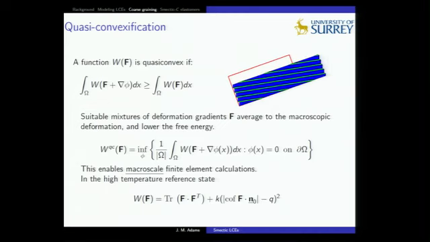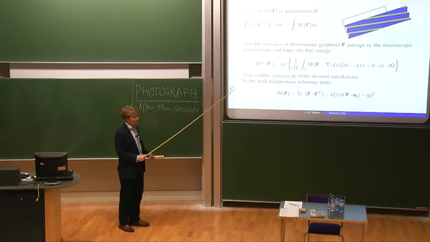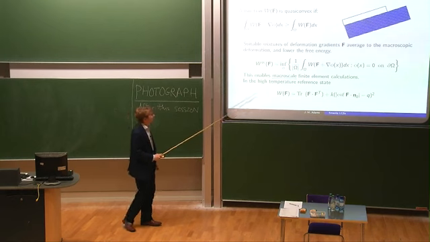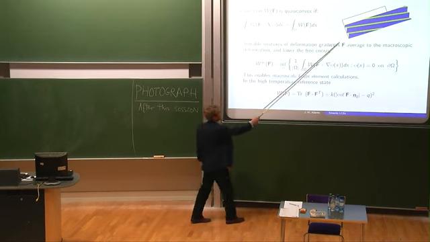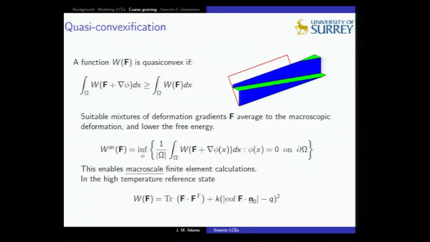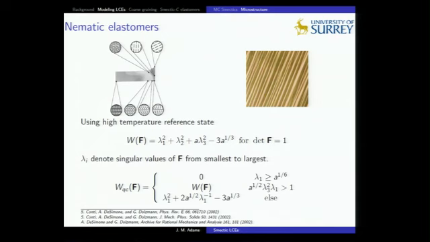So this is just the definition of the quasi-convex function there. We need to find some deformations that obey the kinematic compatibility requirements that Antonio talked about, and we can connect them together, and we can choose these deformations such that they're both in the energy wells that I mentioned earlier.